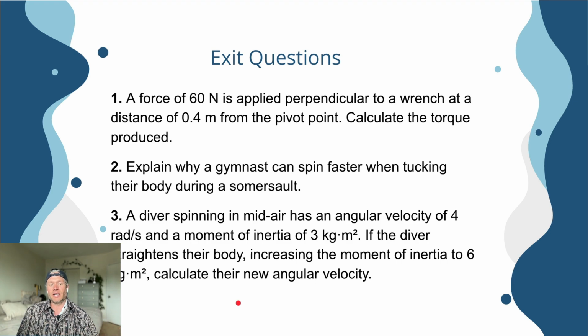And here we have 6 kilogram meters squared for the moment of inertia once they've opened up. Okay, so we start from a spinning position, either along the axis or in a somersault. And from there, what we'll have is 4 revs per second times 3 kilogram meters squared. And then we can divide that by 6, which is going to be in our final position, and we will get our new angular velocity.